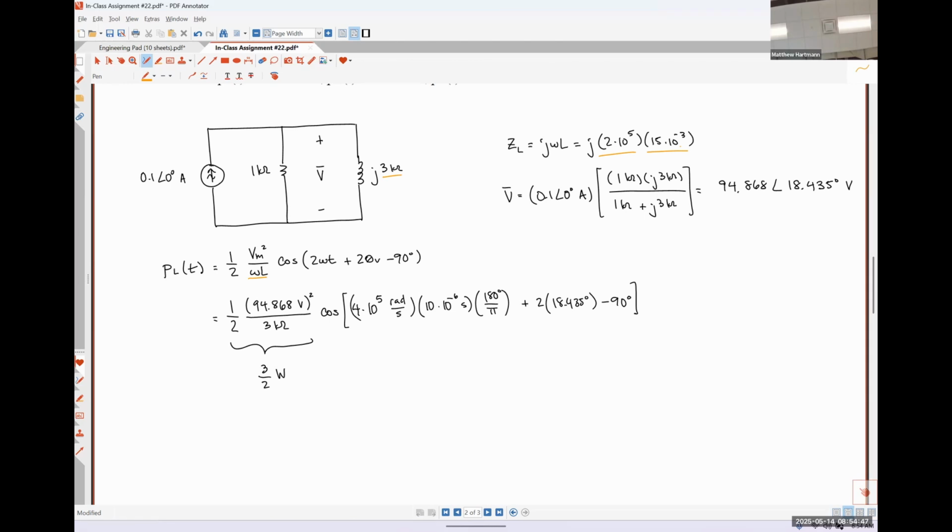So let me see. I'm going to have 4 times 10 to the 5 multiplied by 10 times 10 to the minus 6, multiplying that by 180 over pi, plus twice the angle of what I have stored in my calculator as A, minus 90 degrees.